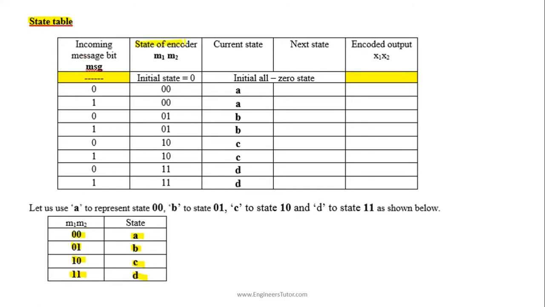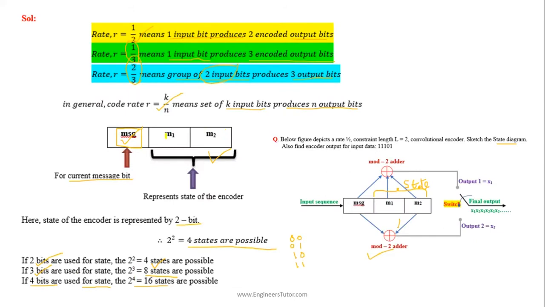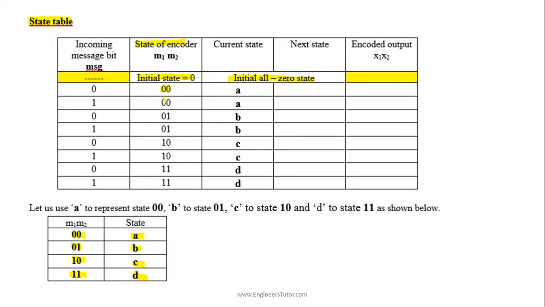Initially, we assume the encoder is at the all-zero state, the initial state. So there will be 4 states.